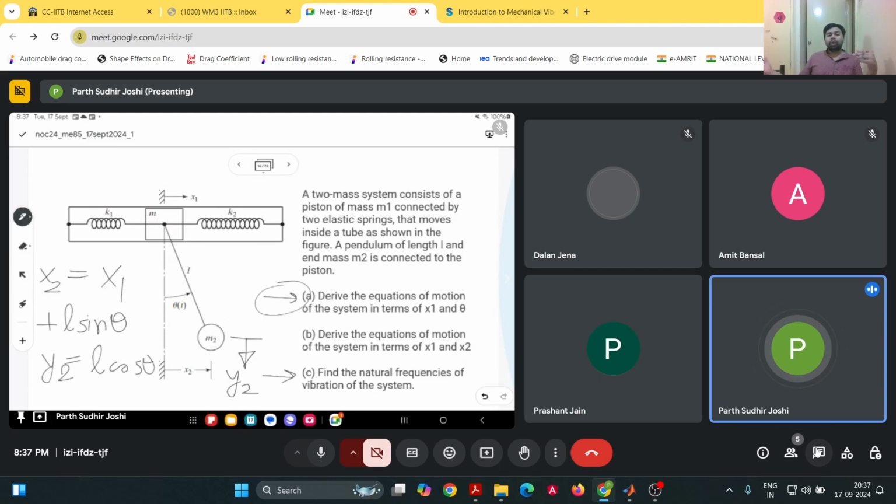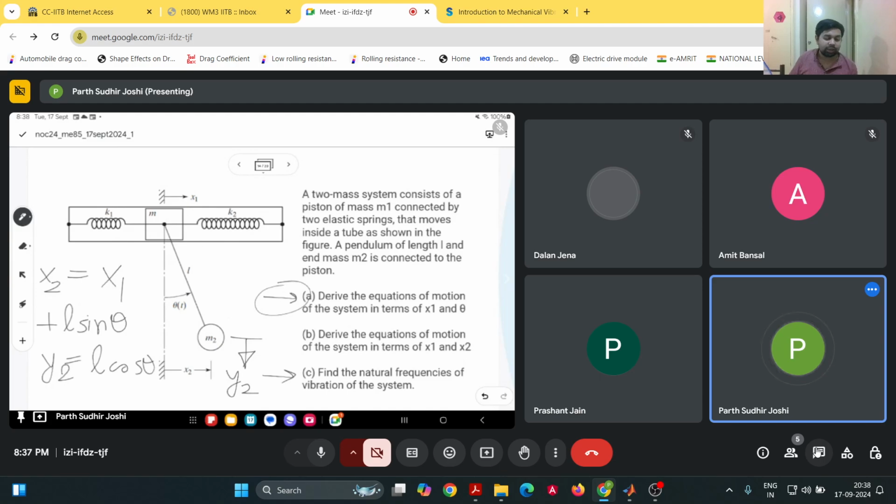You can take the moment of forces about any point in the plane, so you can choose it such that most of the forces pass through that point and have zero moment about that point.